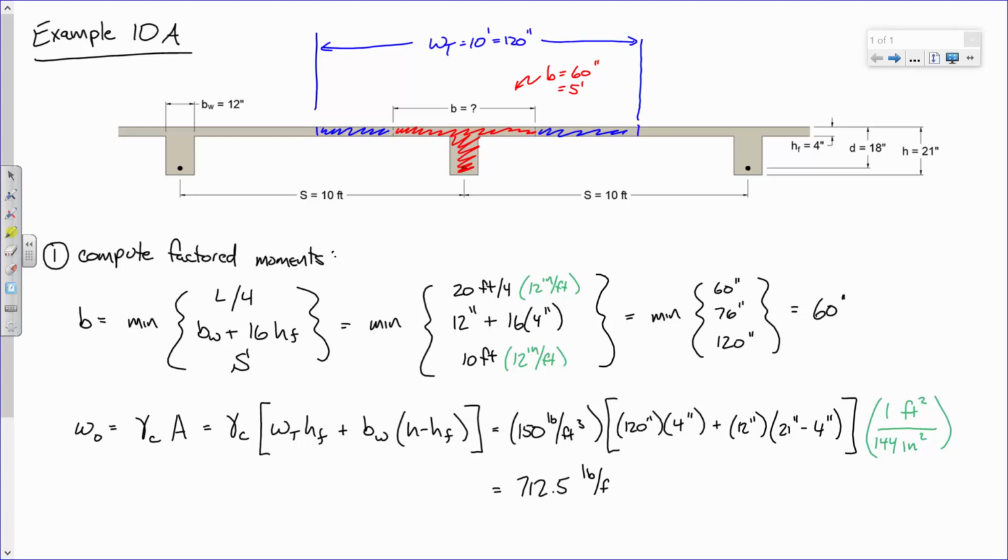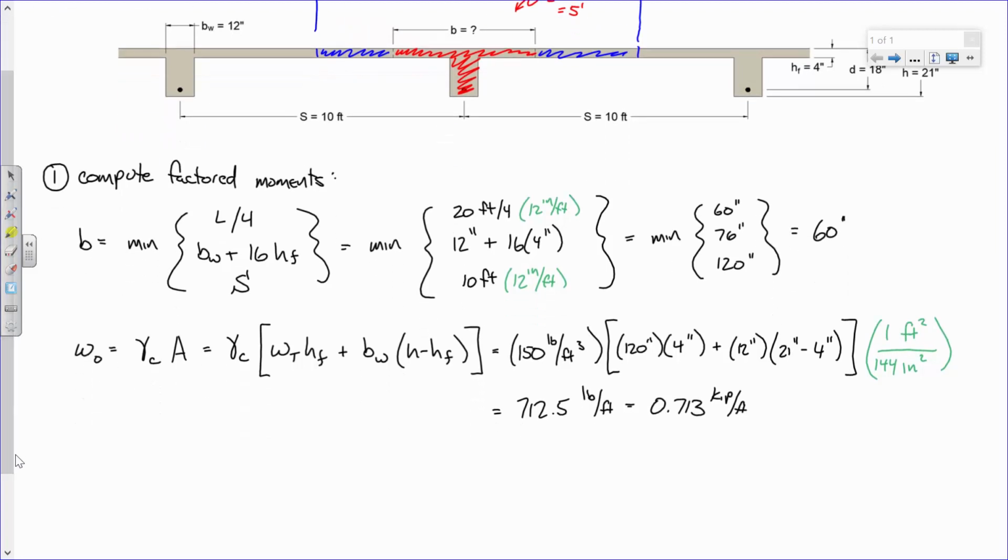Pound per foot, or 0.713 kip per foot. Is everybody okay with that? So what do I do with that number? You tell me. Somebody tell me what to do.